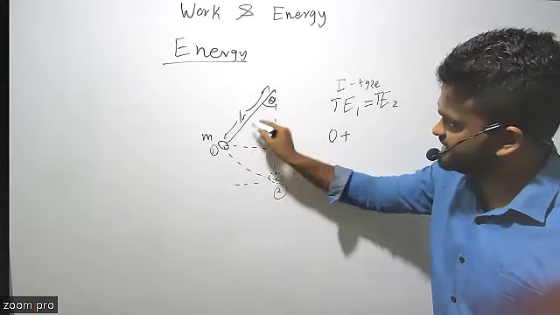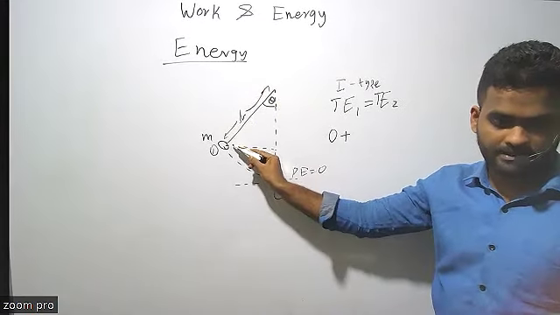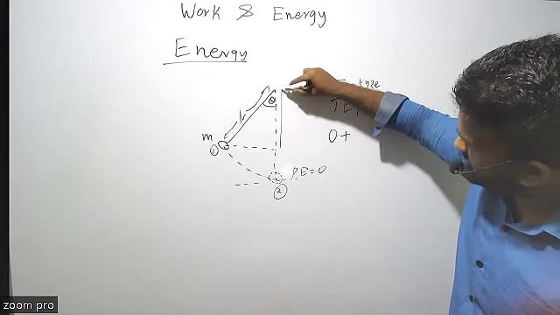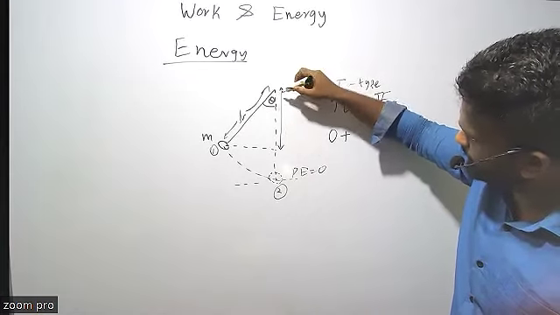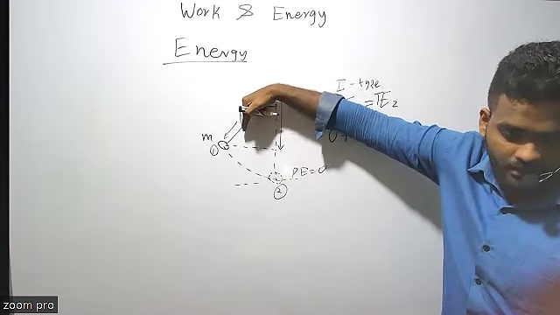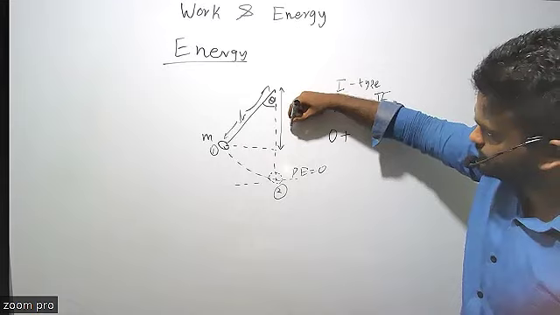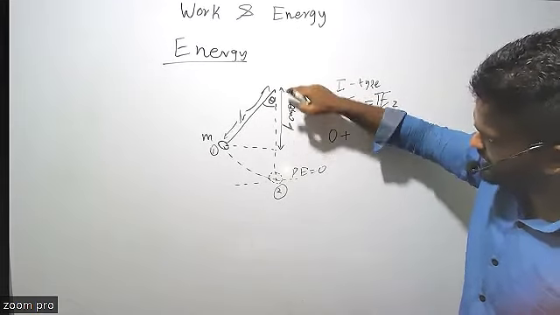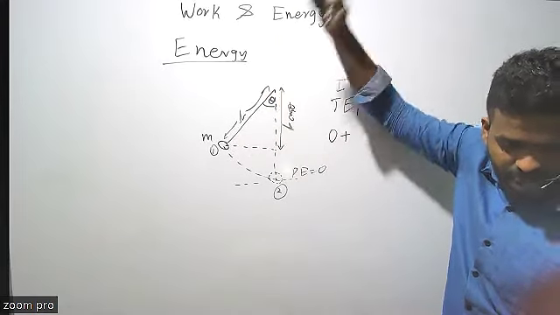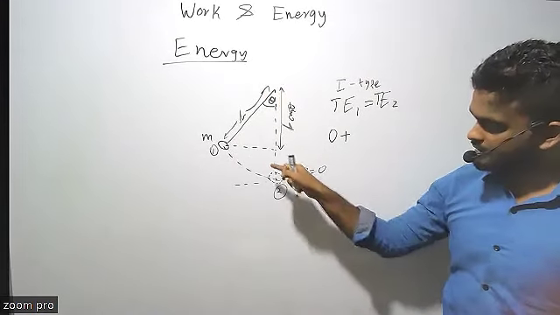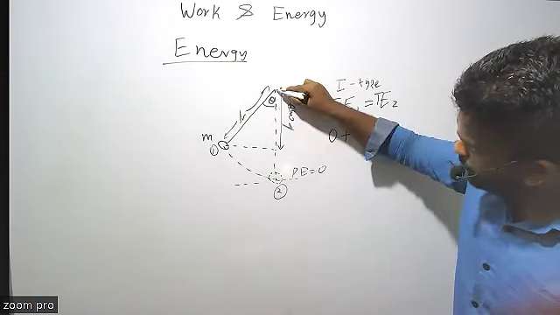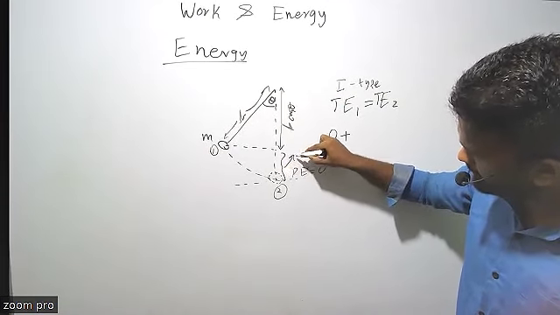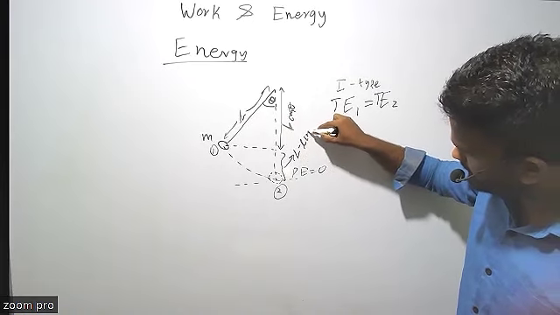We know that this length is simply L. Then this length should be L cos theta, the adjacent side. Then the total length is L, so this should be L minus L cos theta.